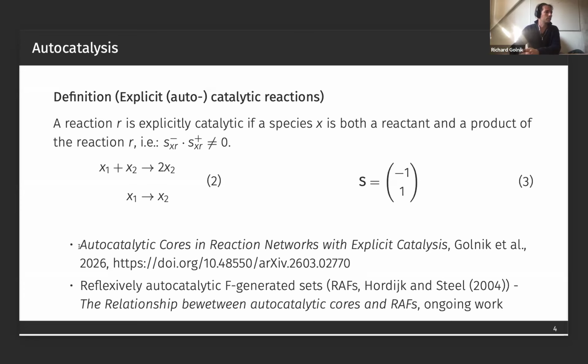And what I'm also not going to talk about today is the relationship between autocatalytic cores and another definition of autocatalysis, which has also been around in the literature for some time now, the so-called reflexively autocatalytic F-generated sets, the so-called RAFs, which were introduced by Wim Hordijk and Mike Steele in 2004. This is current ongoing work in our group, but I'm not going to talk about this today either.